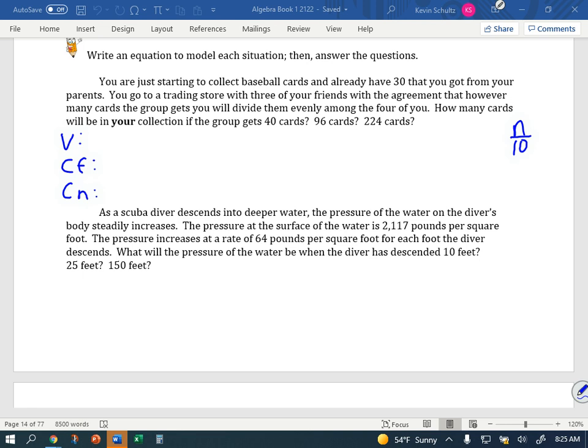Dividing something by 10 is the same as... not multiplying by 10. Multiplying by 1/10. Dividing something by 10 is the same as multiplying it by 1/10.